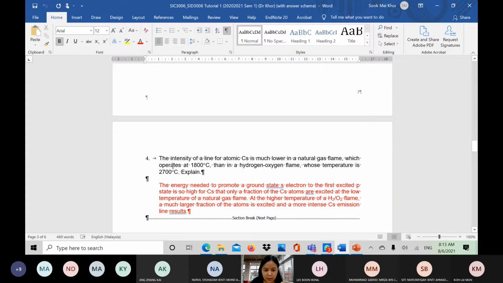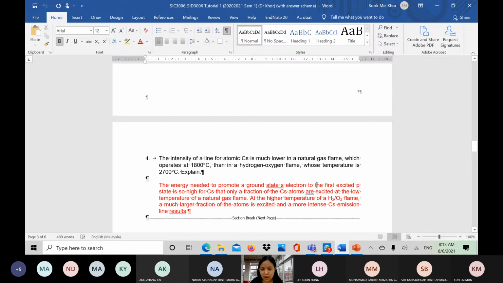If we increase the energy, from this natural gas low temperature to high temperature, we are able to excite all those atomized atoms from the ground state to the excited state. When they relax to the ground state, they will emit a high intensity emission line. So, to state it: only a small fraction of the cesium atoms are excited at the low temperature of a natural gas flame.